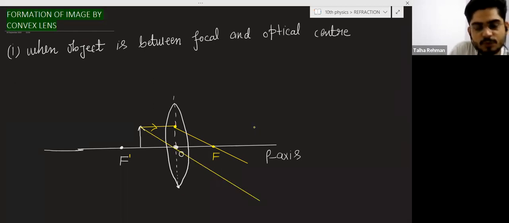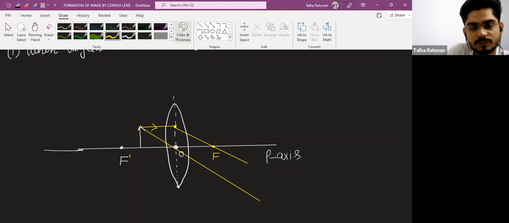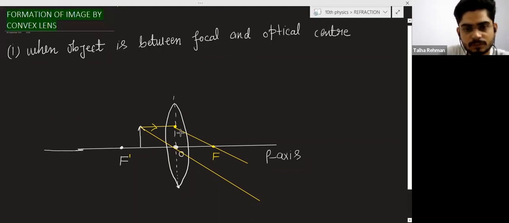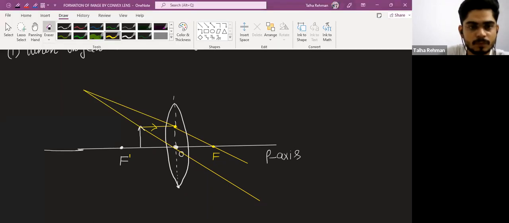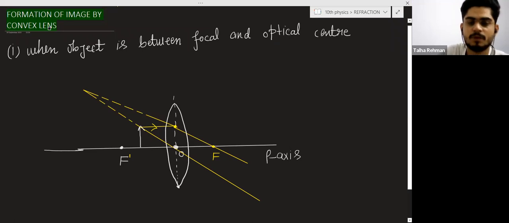In actual, these two rays will never meet.